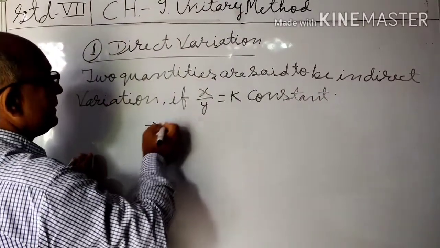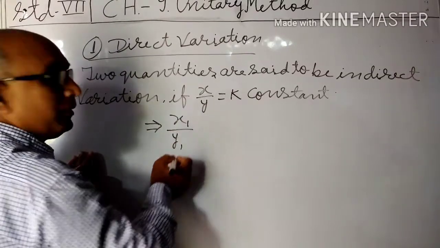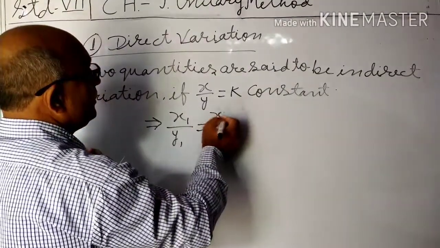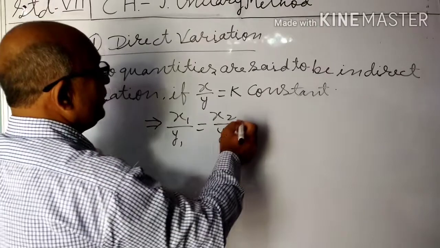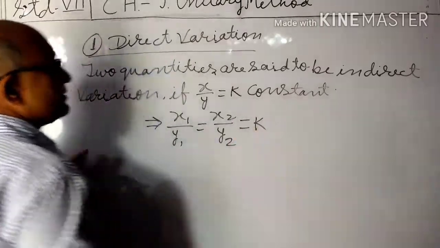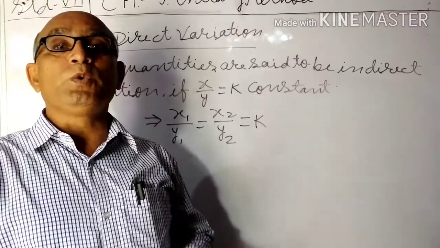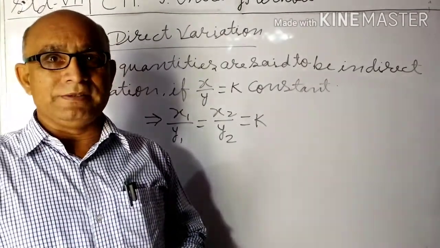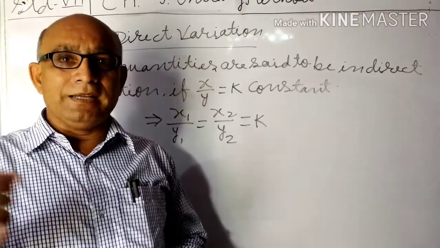That implies if x changes into x1 and y changes into y1, then x1 by y1 equals x2 by y2 equals constant. In direct variation, if one quantity increases, then the other also increases, or if one quantity decreases, then the other also decreases.